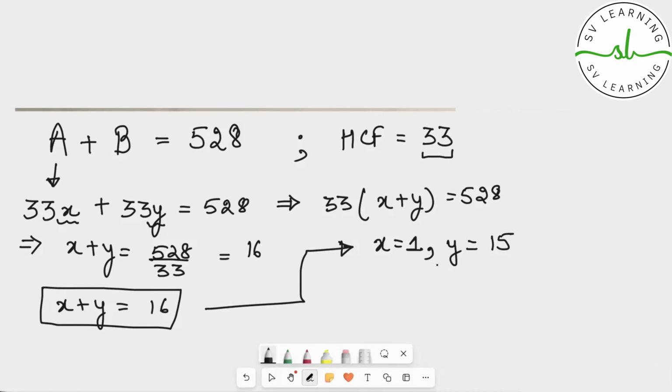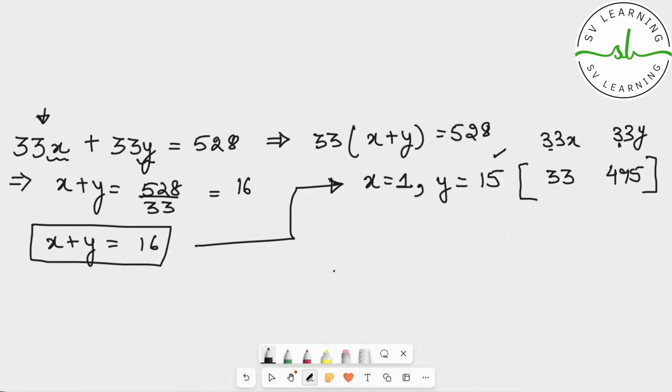So in that case, the numbers will be 33x and 33y, so 33 into 1 is 33 and 33 into 15 is 495. And you can check when you add both the numbers, you get 528. So this makes sense. Next we'll look at the next possibility.